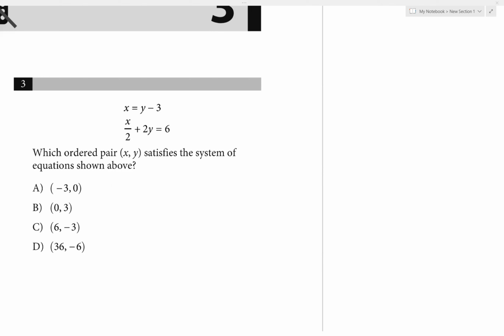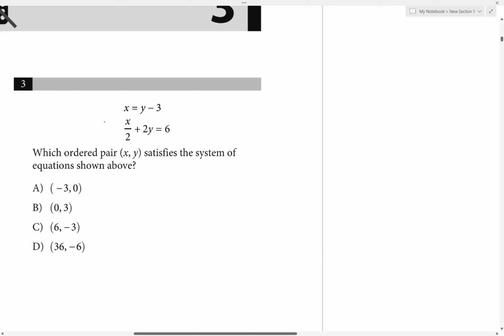So the best way to do this, for a system of equations, we can do substitution or elimination. And for this one, I think it will be easier if we do substitution, because in the first equation we already have x equal to something, x by itself. So we can just go ahead and substitute.